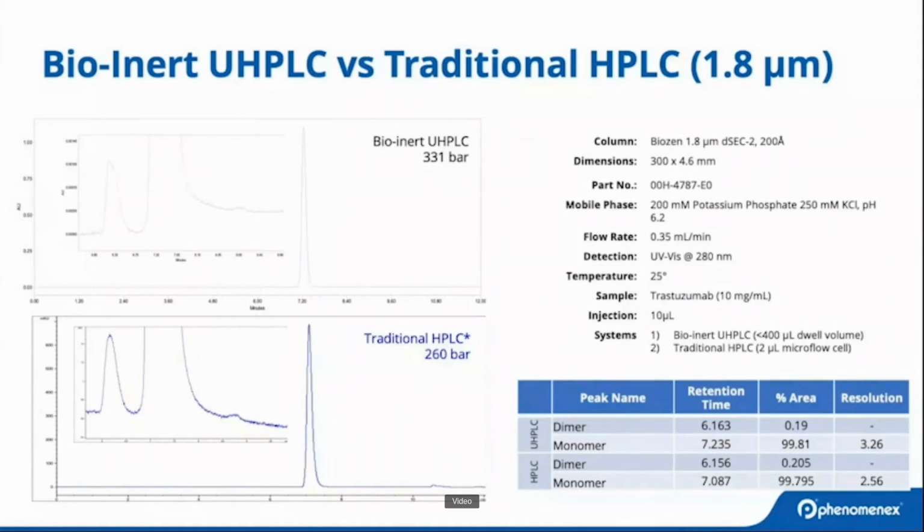So the difference in performance between a sub 2 micron and a standard particle format may not be significant enough to switch to the 1.8 micron if you're working with something like this Agilent 1100 type system. That said, it is still possible to run these columns on these types of instruments.